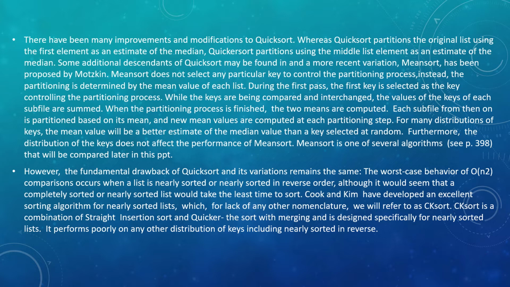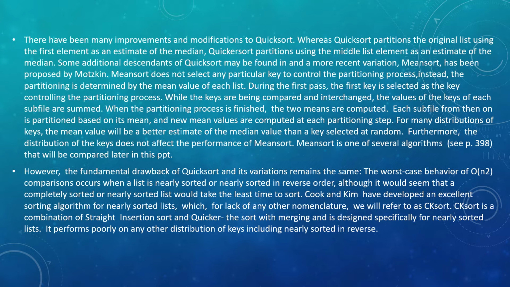For many distributions of keys, the mean value will be a better estimate of the median value than a key selected at random. Furthermore, the distribution of the keys does not affect the performance of meansort. Meansort is one of the several algorithms that will be compared later in this PPT. This is the procedure for meansort.